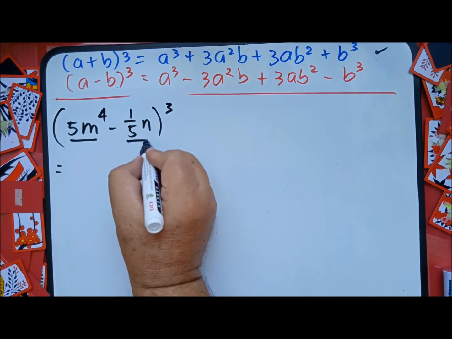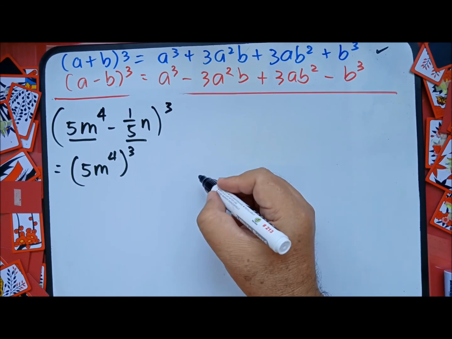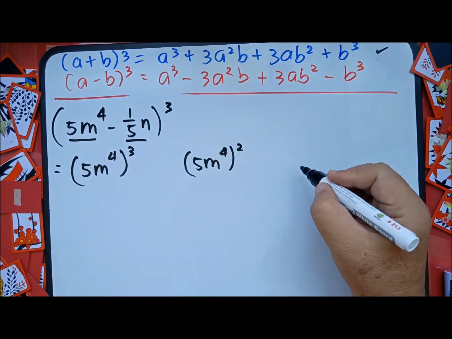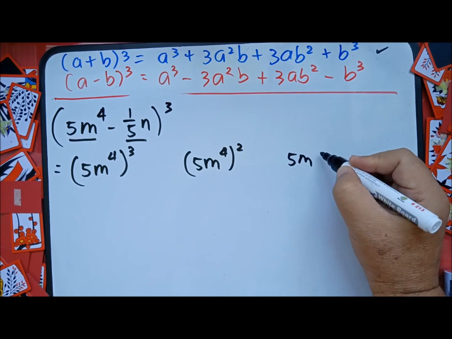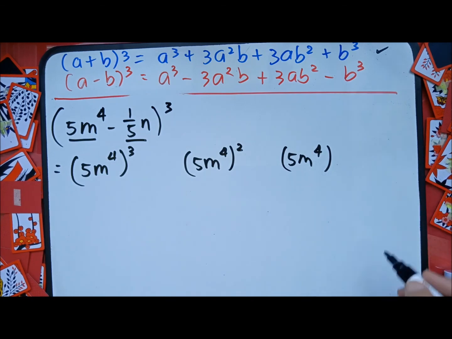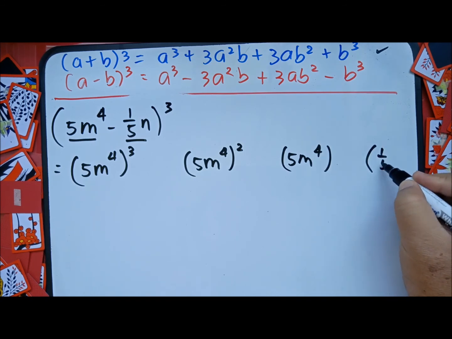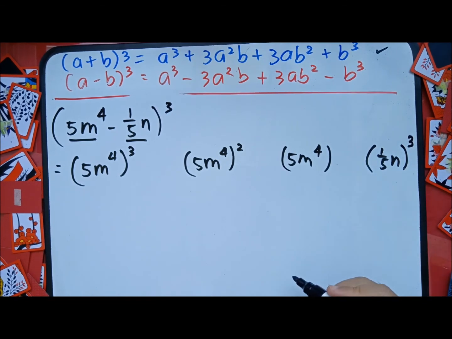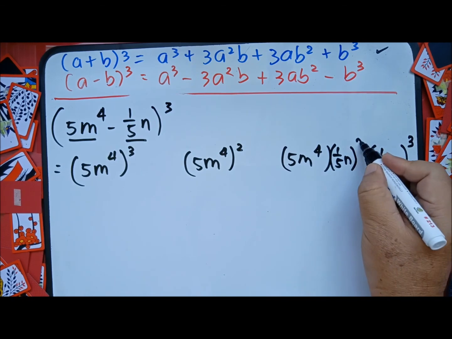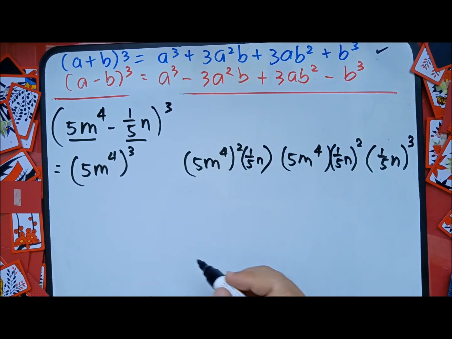First term, second term. 5m to the 4th power cubed, then 5m to the 4th power squared, then 5m to the 4th power raised to 1, then no more in the last term. Next, 1/5 n cubed, 1/5 n squared, 1/5 n. No more.